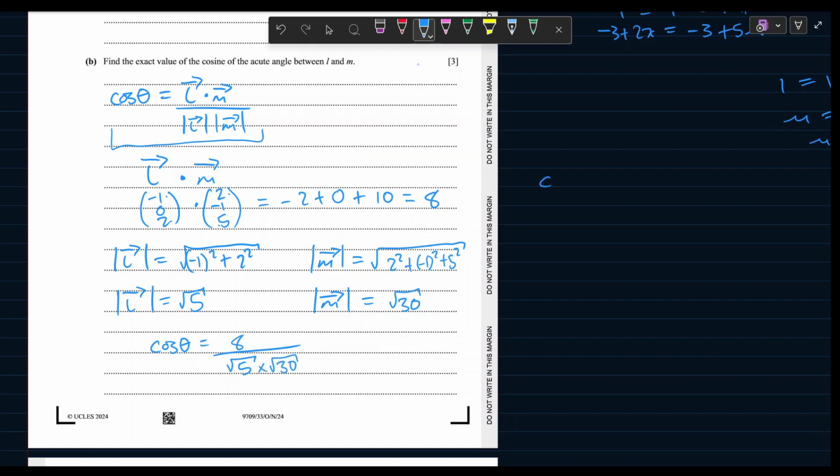And we can write this as cos theta is equal to 8 over the square root of 5 times 30, which is 8 over the square root of 150. That's going to be 4 over 15 root 6. Cos theta is 4 over 15 root 6, and this would be our final answer.